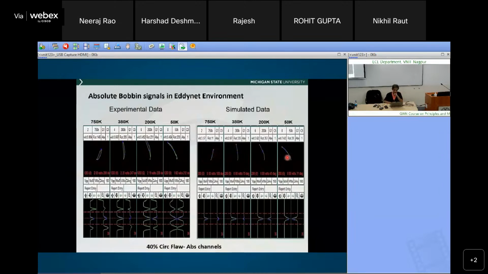One reason is, if you look at the simulated signals, it doesn't open up, it just goes and comes back along the same path. The reason for that is the flaw is ideal when you simulate it. If it's 40%, it's 40% depth, and it goes on. When you machine it, there can be variations.